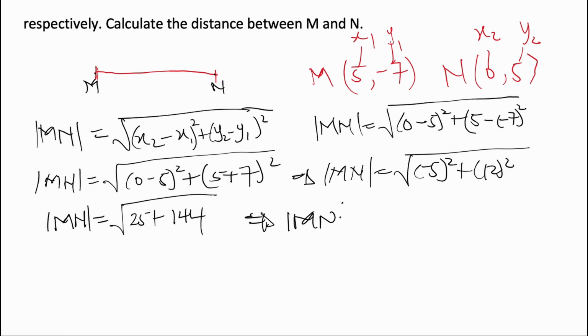So MN will be equal to the square root of 25 plus 144. We have 169, and the square root of 169 is 13. So we have 13 units.